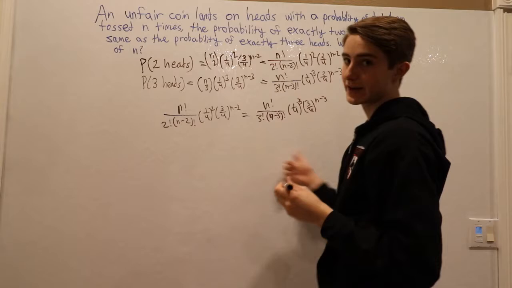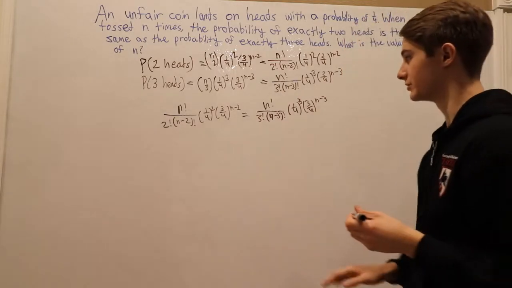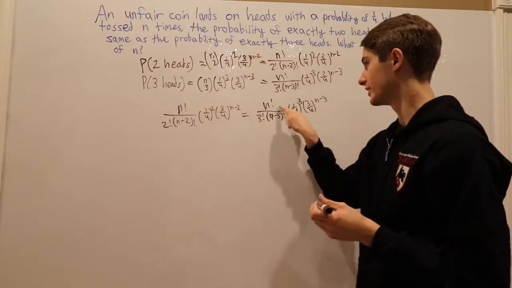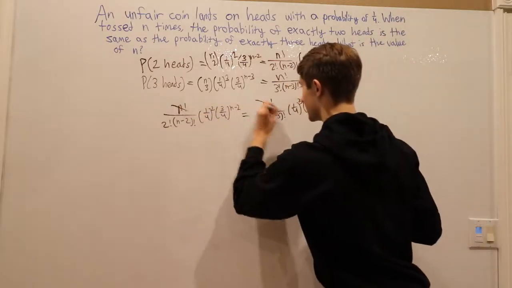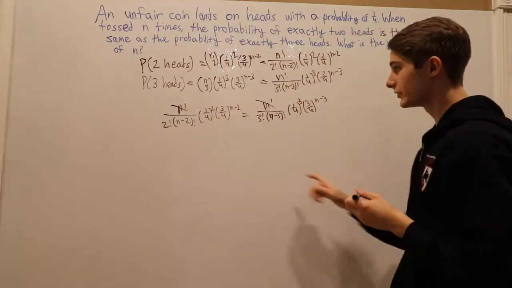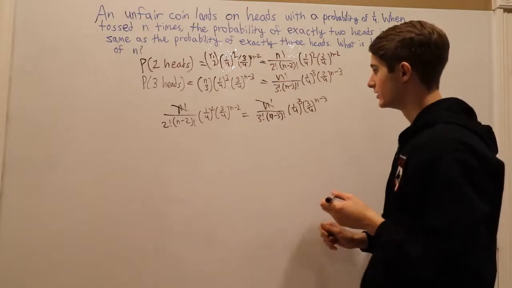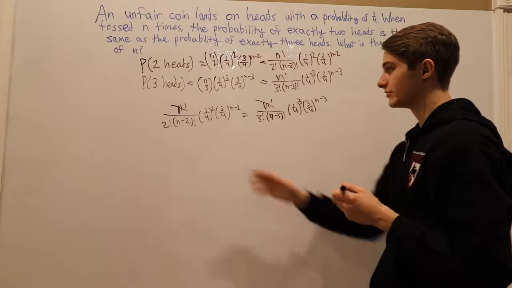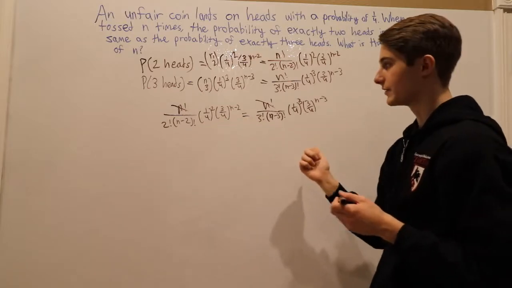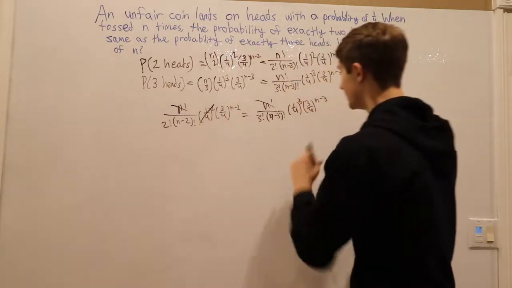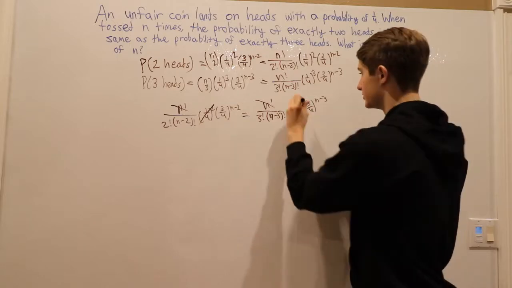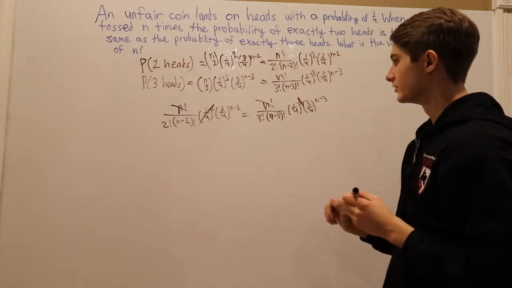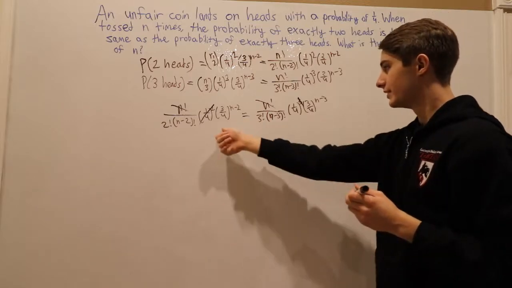Now we need to figure out how to cancel stuff so that this is simpler to deal with. Because these are all multiplied, we see we have n factorial and n factorial on the top. We can cancel those out. Looking at the rest of the factors, 1/4 cubed and 1/4 squared are both here. If we divide both sides by 1/4 squared, this will go away, and the 1/4 cubed will be reduced to just a 1/4. Same thing with the 3/4 part.